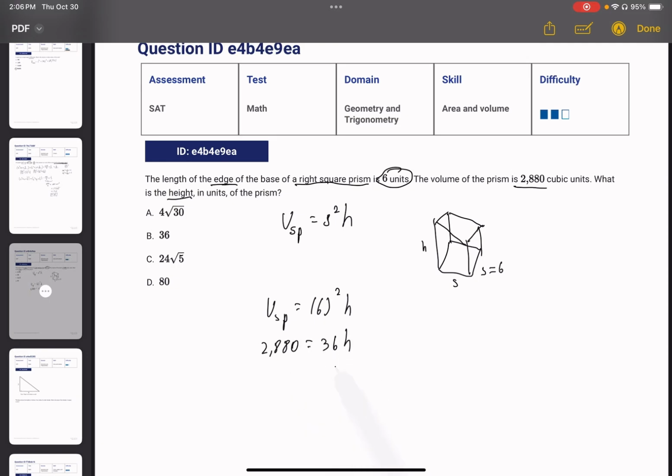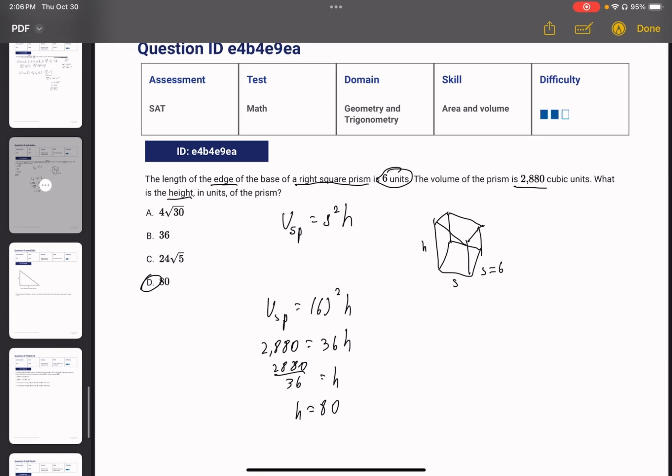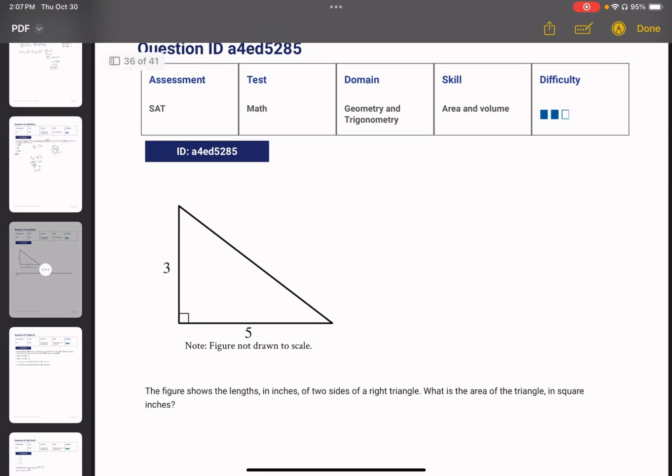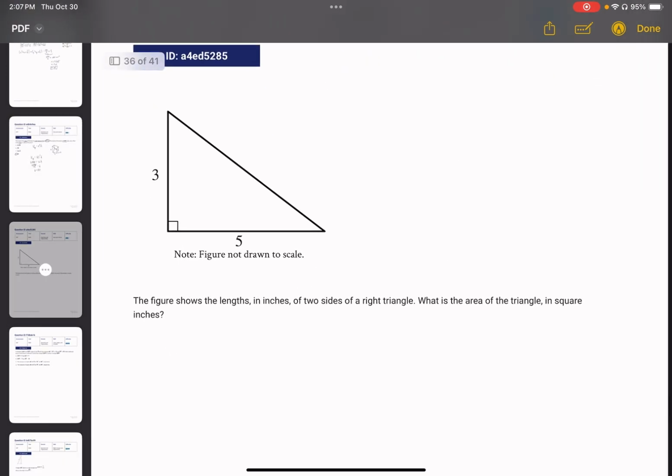So now isolating for h, we get 2,880 divided by 36. And this gives us h is equal to 80 units. And that's answer choice D. So just know how to deal with your three-dimensional shapes there and you'll be fine.